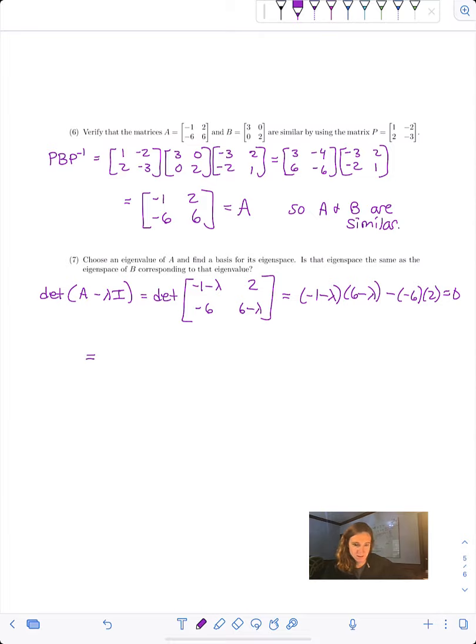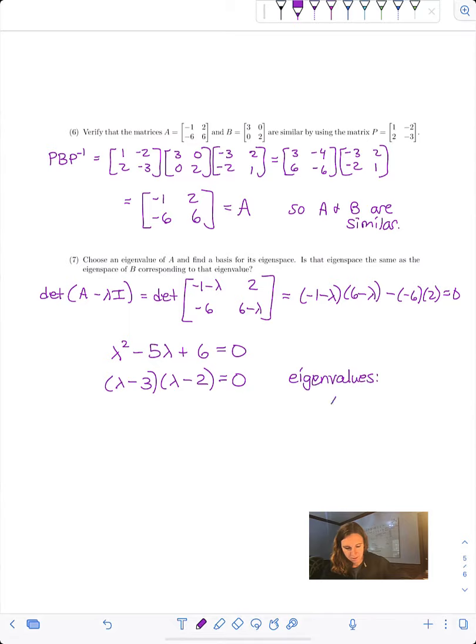When you factor all that out, and again you can pause and check your algebra and then jump back in with us, we have lambda squared minus 5 lambda plus 6 equals 0 when the dust settles, and that gives us lambda minus 3 times lambda minus 2 equals 0. So our eigenvalues are lambda equals 3 and lambda equals 2.